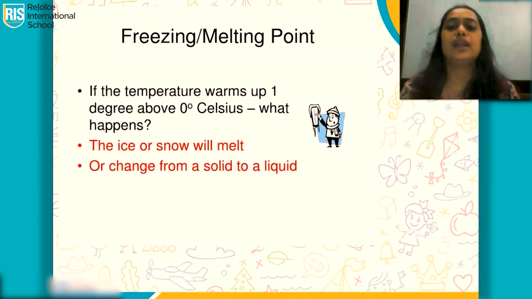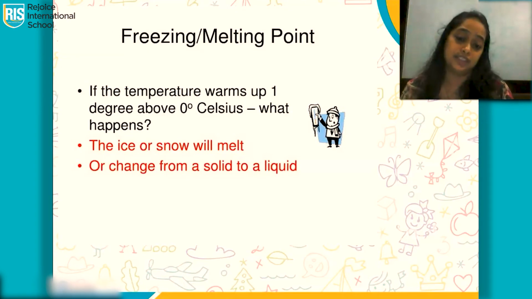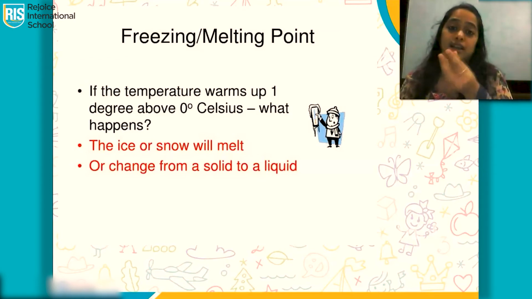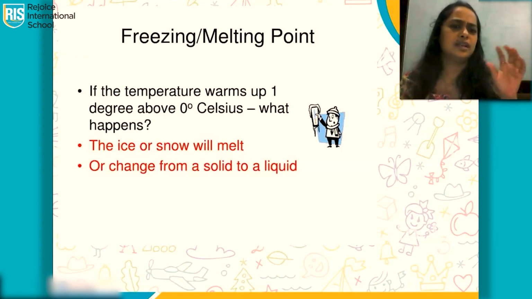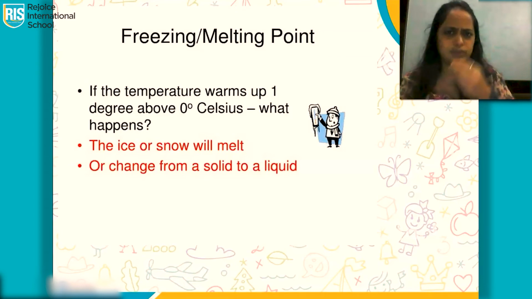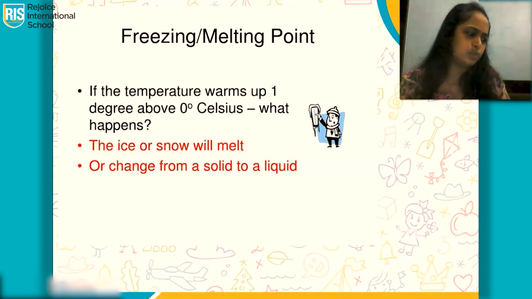Now, if the temperature warms up to 1 degree above 0 degrees Celsius, what happens? If I take the ice right outside the fridge and the temperature is about 1 degree Celsius, just from 0, which is the ice state, to 1, will it become water?